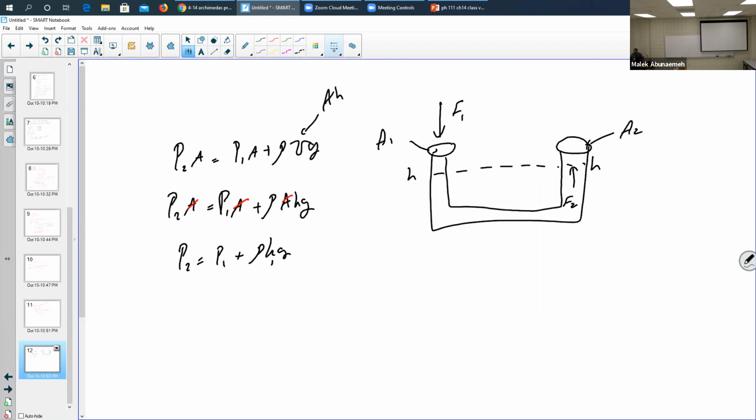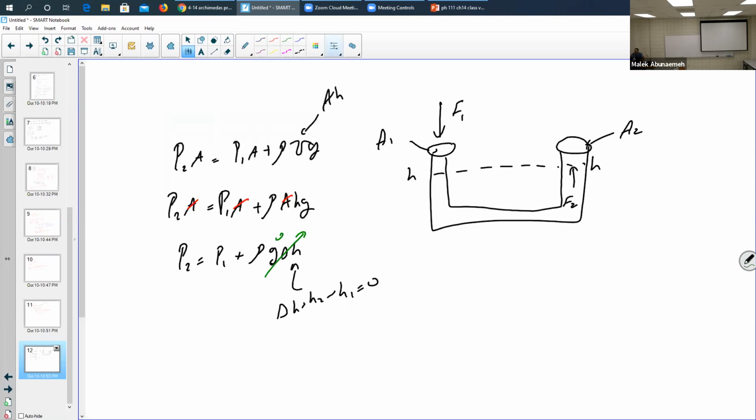Now, what is H or delta H? Let me just write down basically what we're saying, which is rho G delta H. So what is delta H? Well, delta H is your height, which is going to be H2 minus H1. So it's going to equal 0, and this whole term is going to go to 0.